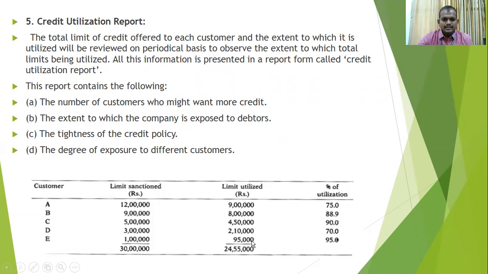Then limit utilized and percentage of utilization. So how much percentage they utilize? Say, for example, 95,000 in 1 lakh, 95%. This report gives a clear picture whether to tighten the credit to customers or not.